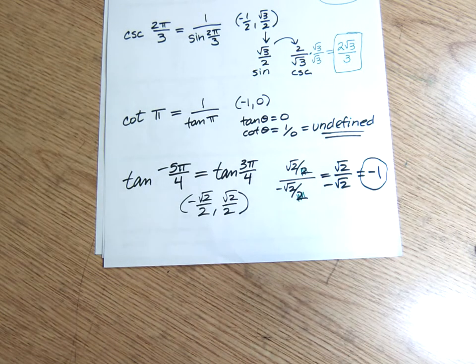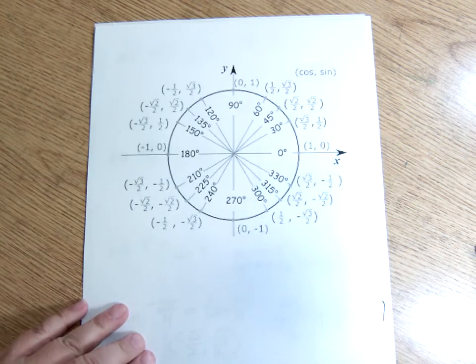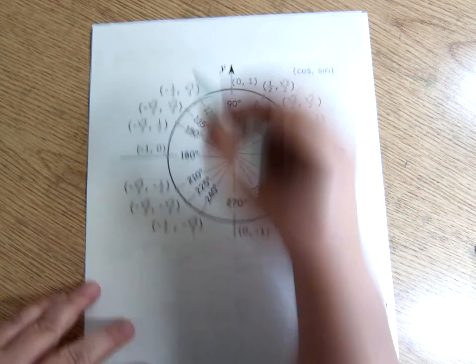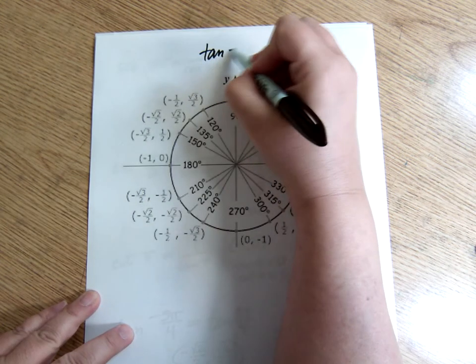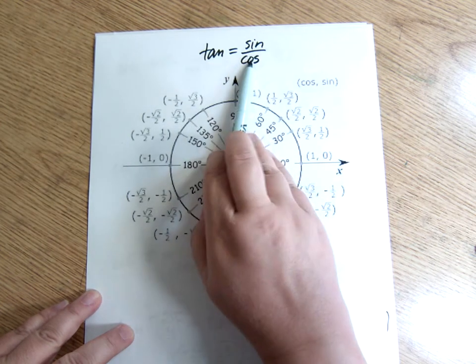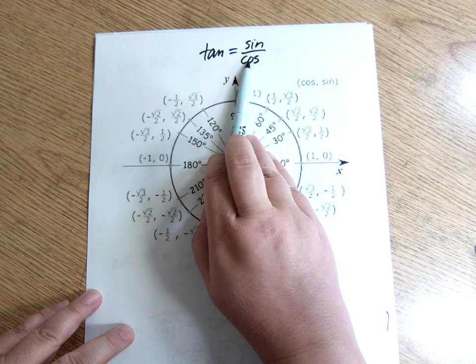It's helpful to realize that, I printed one of these out to show you, and I decided not to use it. But here's a good place to use it. Since the tan is equal to sine over cosine, anytime the sine and the cosine are the same number, it's going to be some variation of the number 1.